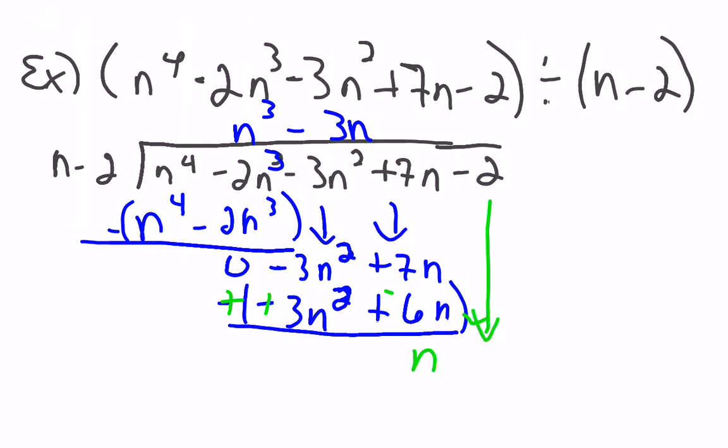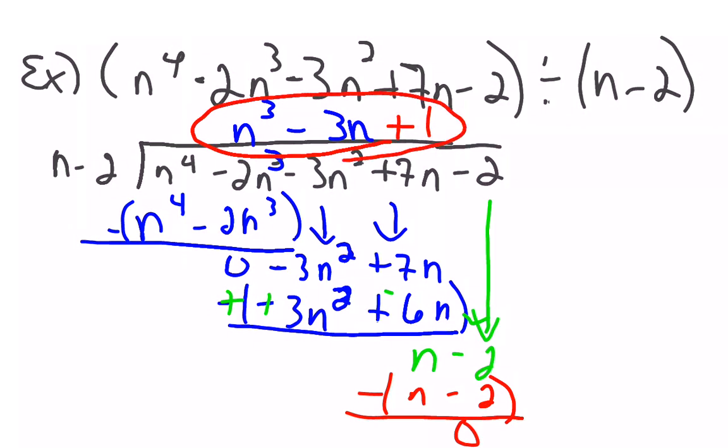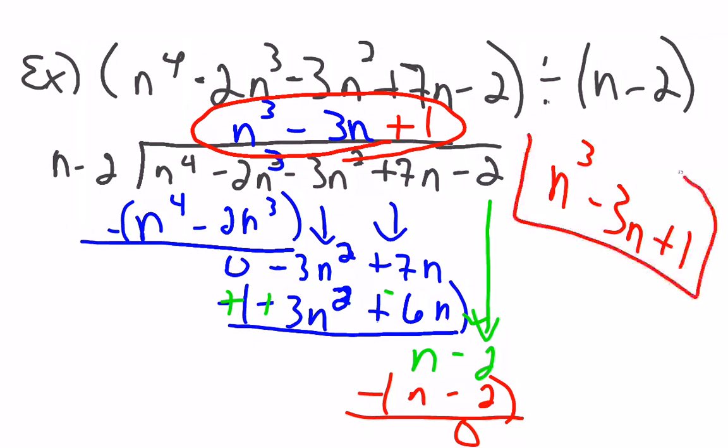And bring down the next term, and start the process again. So how many times does n go into n? That's once. So 1 times n is n. 1 times negative 2 is negative 2. Subtract those and we get 0. So what is our answer? It's what's up here: n cubed minus 3n plus 1.